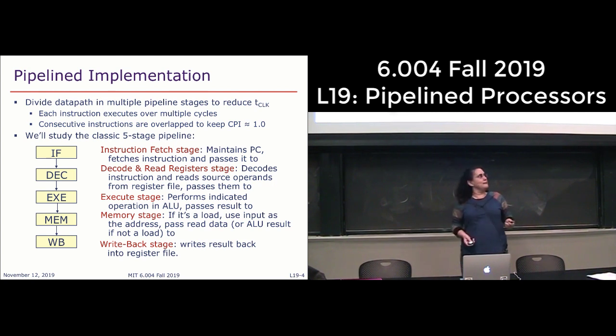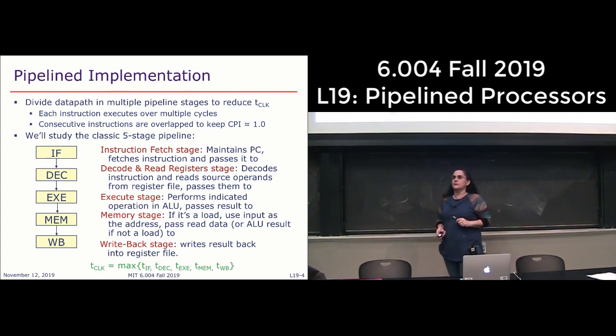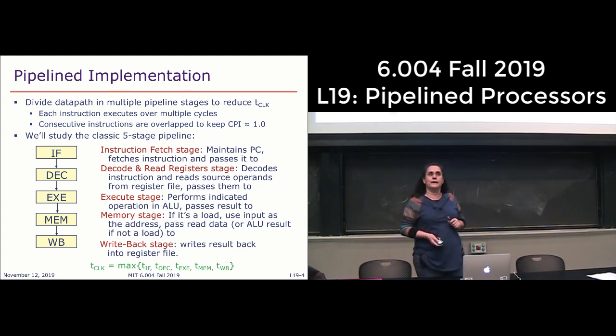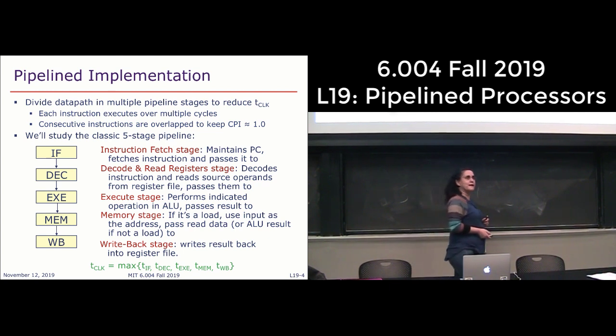So clearly, instead of having a T clock that has to be sufficiently large to do all of these things sequentially, I am now limited by whichever one of these 5 portions is the slowest, and so my T clock is going to be measured as the maximum of those 5 stages. Okay? Everybody comfortable with that?